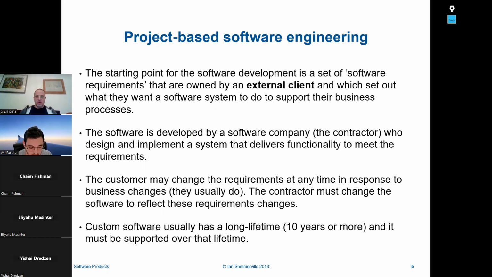The customer may change the requirements at any time in response to business changes. All of a sudden, his business needs something different. He's going to tell you he needs something different, and the contractor must change according to those requirements. So he's kind of the servant of the company that hired him. And it usually has a long lifetime of 10 years, or even much more. There's probably software in banks that was written 40 years ago and is still being used.